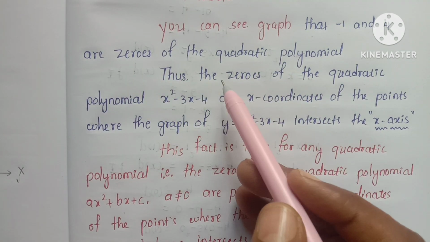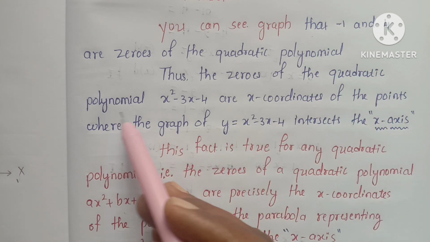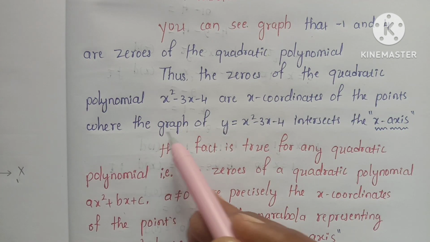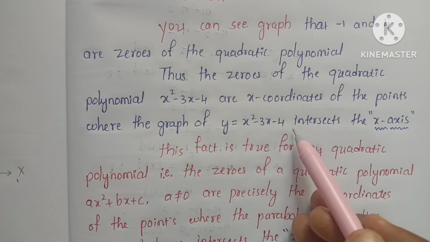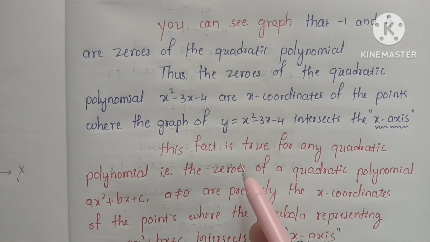Thus, the zeros of the quadratic polynomial x square minus 3x minus 4 are the x coordinates of the points where the graph of y equals x square minus 3x minus 4 intersects the x-axis.